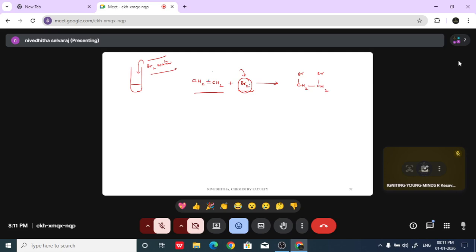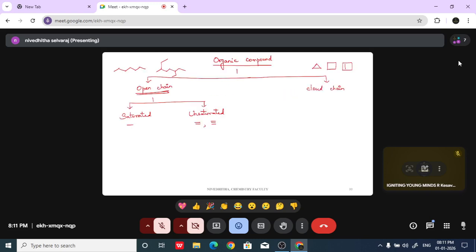Purple color. Okay. So if the color of KMnO4 disappears, again, that is an unsaturated compound. If the color remains, then the compound is saturated. That's it. Now we'll move on to closed chain compounds.